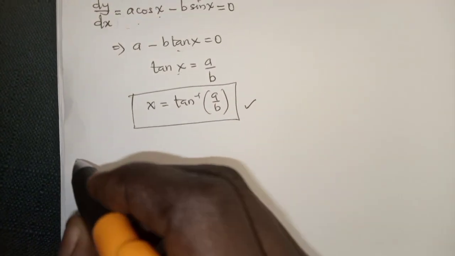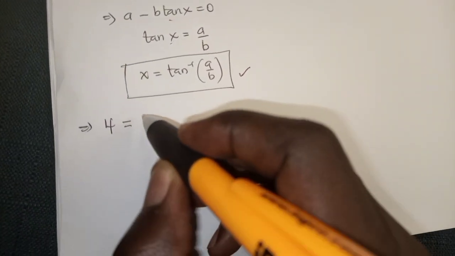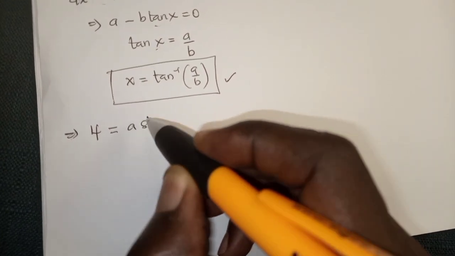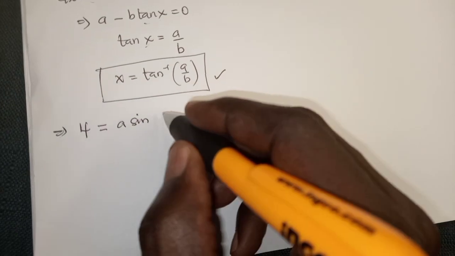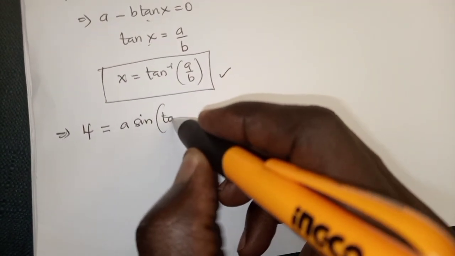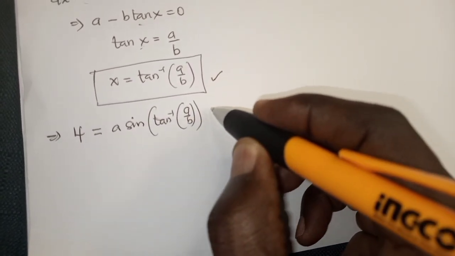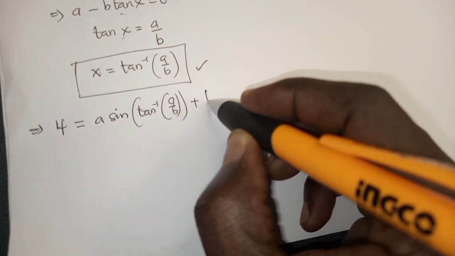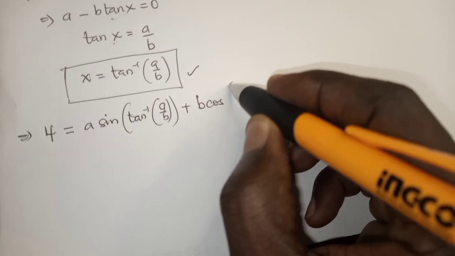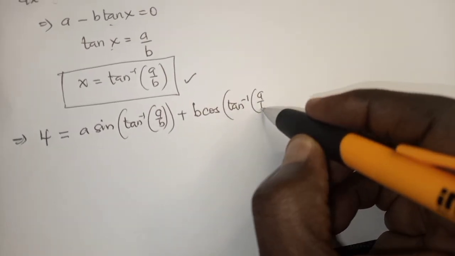So this implies that 4 will be equal to a sine, and now instead of writing x, we write this expression here, tan inverse of a on b, plus b cos of tan inverse of a on b.